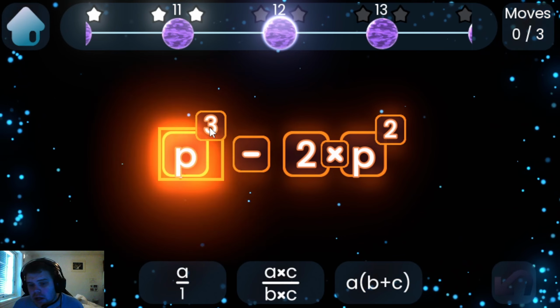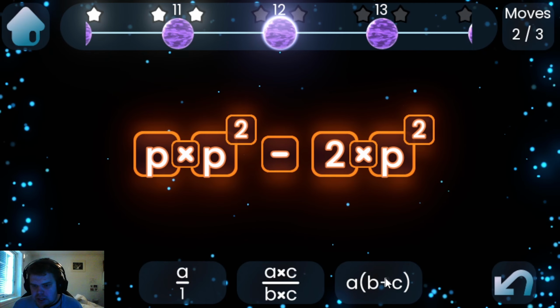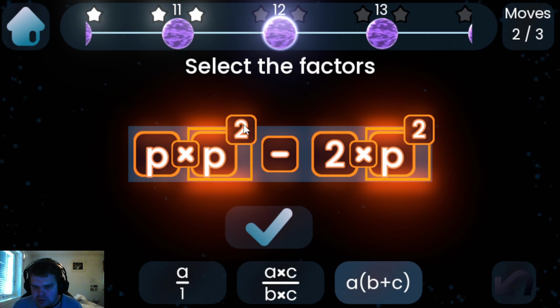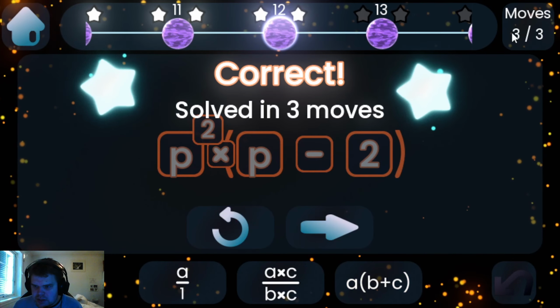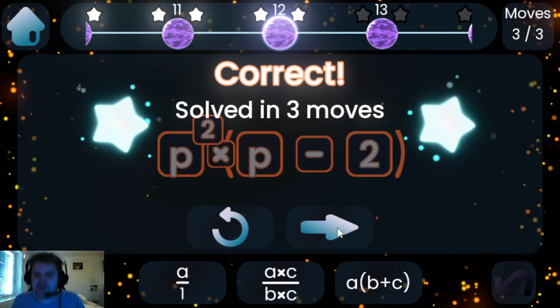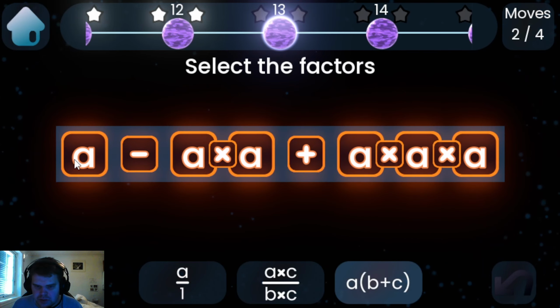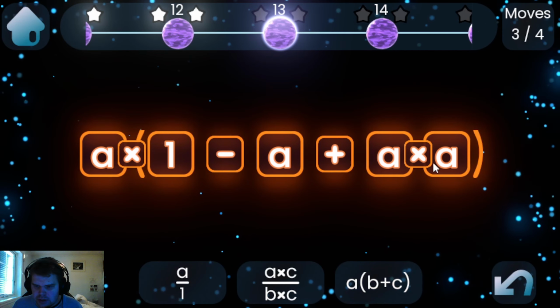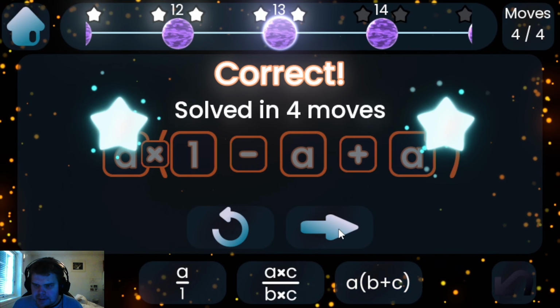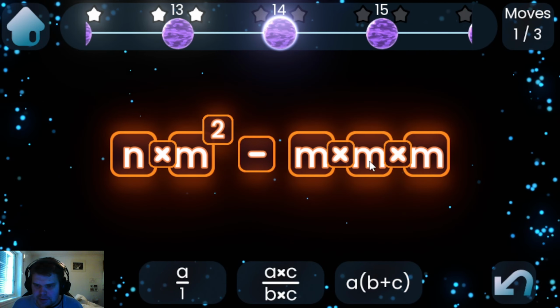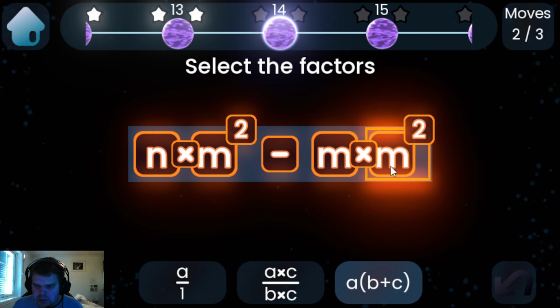Here, it's faster to just make a p squared and get the p squared out as one factor instead of getting p out twice, or else you won't get the 3 moves. I have to unfortunately do this here because of the single a over here, right? And then a times a is a squared again. Yeah. M squared, same with the p we had earlier.